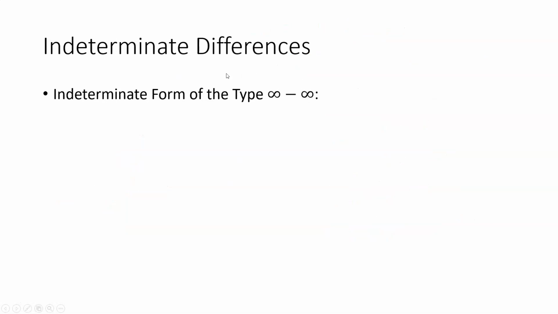Let's look at another type of indeterminate form, where we have the form infinity minus infinity. This will be an indeterminate difference. This is when we have a limit of the form f of x minus g of x, where both f and g go to infinity.